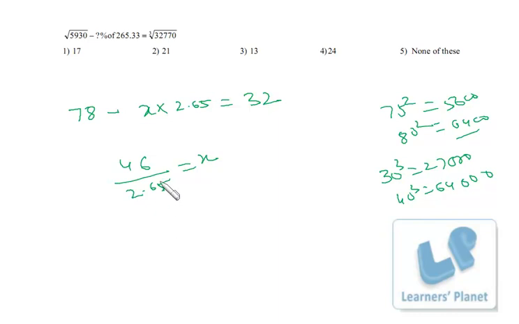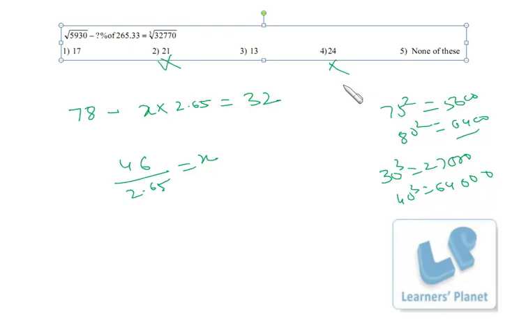Now we see 26 into 2 is 52, right? So it will not be cancelled with the initial number, initial digit 2. So our answer must be less than 20. Okay, now 1/5 of this 2.6 and 1/5, that means half of this, it's 1.3. So our answer must be more than 15, right?